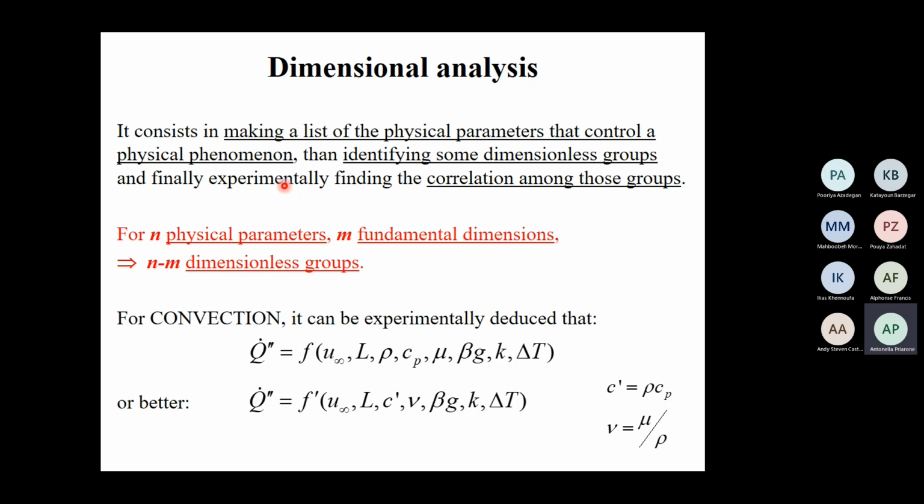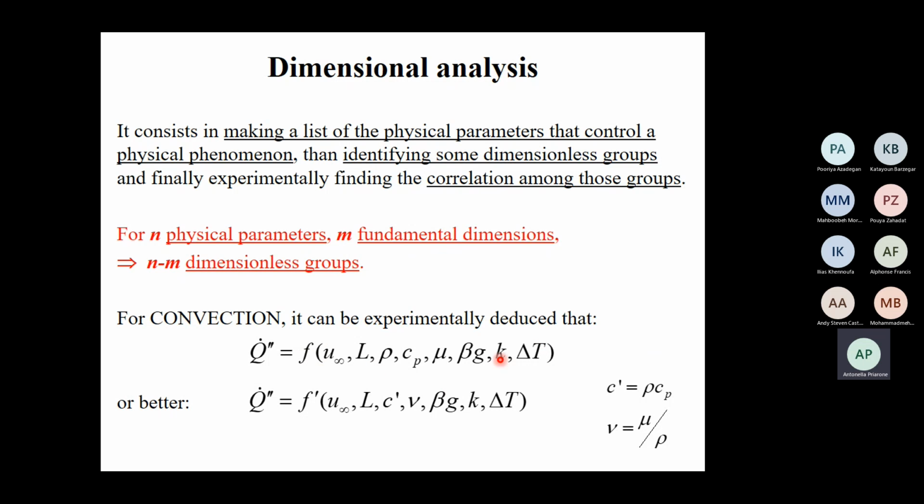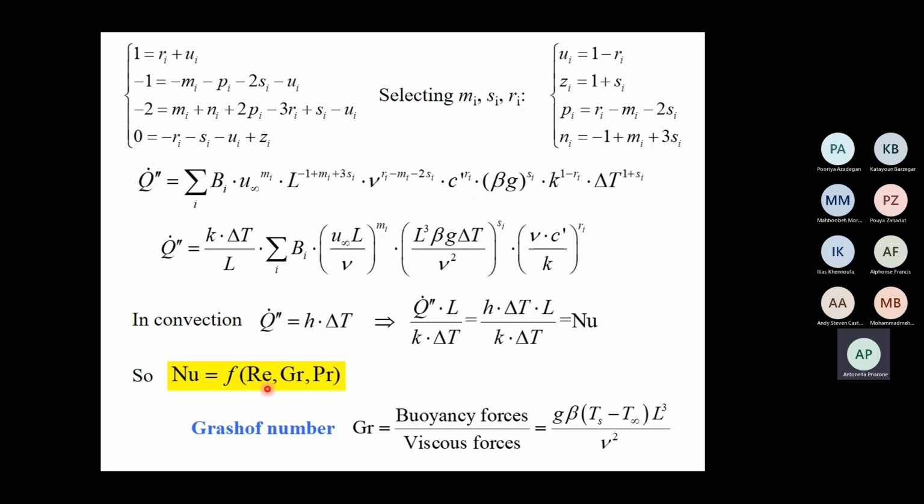In this case, for example for convection, experimentally we can deduce that the flux depends on all the parameters here in brackets. Then I will analyze the parameters in detail, but we list at the beginning the physical parameters that control a phenomenon. And we want, starting from the physical parameters, to identify some dimensionless groups. In this case, we will identify 4 groups: Nusselt, Reynolds, Grashof, and Prandtl.